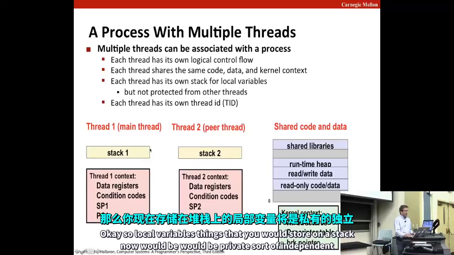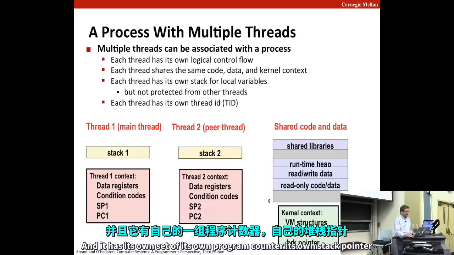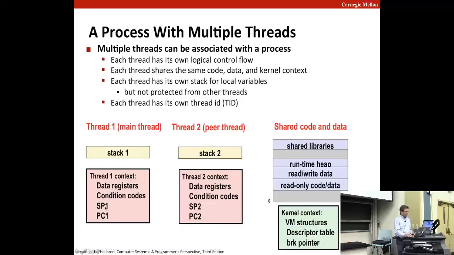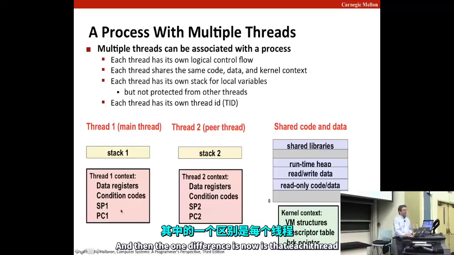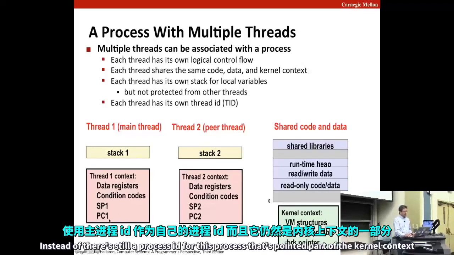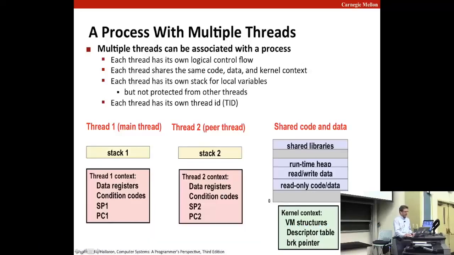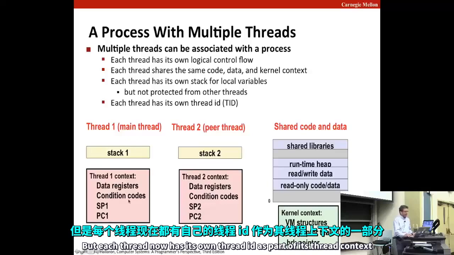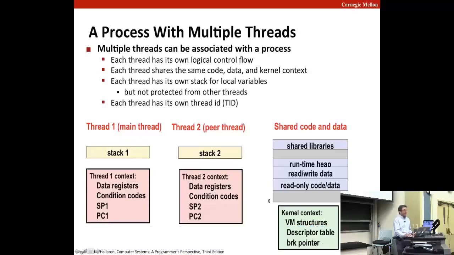So local variables, things that you would store on a stack, would now be private and independent, and each thread has its own program counter, its own stack pointer, its own set of registers and condition codes. And the one difference is that there's still a process ID for this process that's part of the kernel context, but each thread now has its own thread ID as part of its thread context.